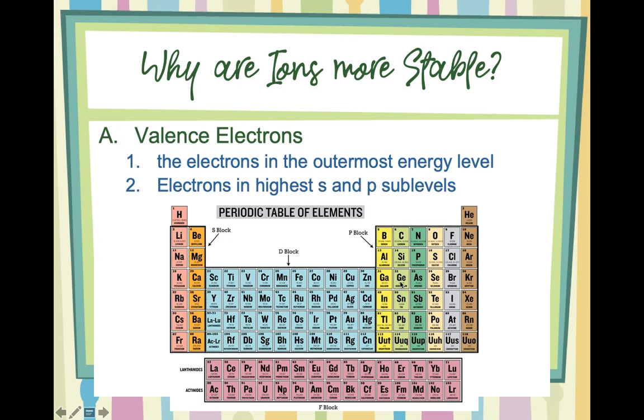So 1, 2, 3, 4, 5 for antimony, 5 valence electrons. Because again, the D block and the F block won't ever be your highest energy level. Those are just high sublevels. So for example, astatine is right here. So 1, 2, 3, 4, 5 in the P block, 1, 2 in the S block of that same row. So S2 and P5, there's 7 electrons in astatine.